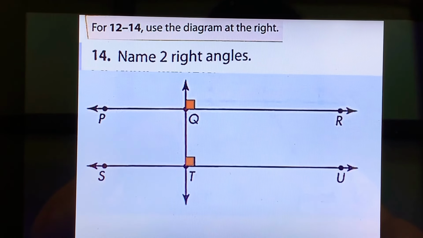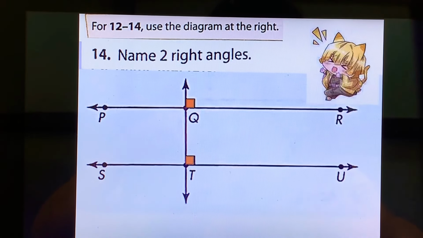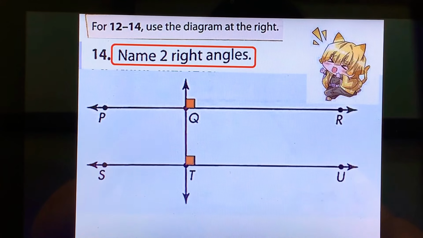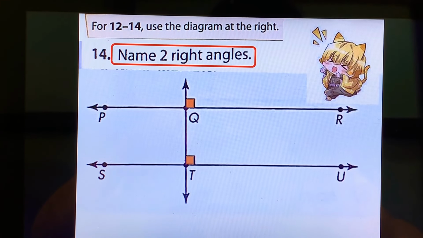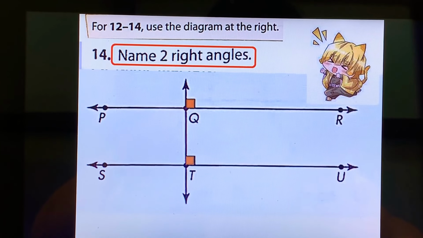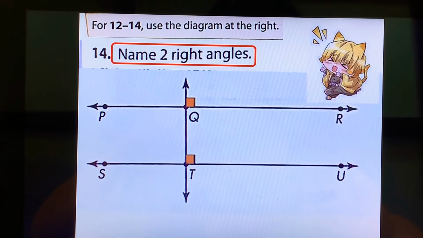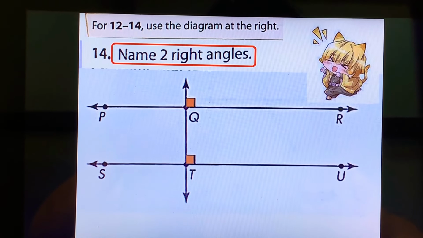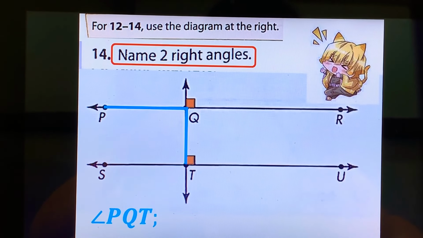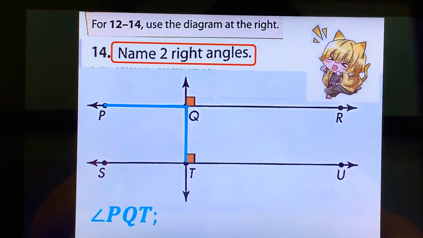Let's move on. 14. Name 2 right angles. 写出2个直角。There are only 2 spots that we can see right angles. 在这边就只有2个地方我们可以看到直角。I'm giving you 4 examples.